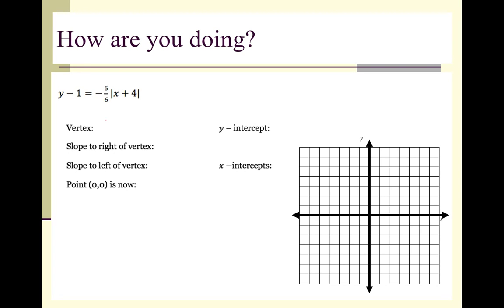My vertex is going to be (-4, 1), right? My slope to the right is going to be negative 5/6. My slope to the left is going to be positive 5/6. That (0, 0) is now going to be at (-4, 1). I am going to have reflected over the x-axis.